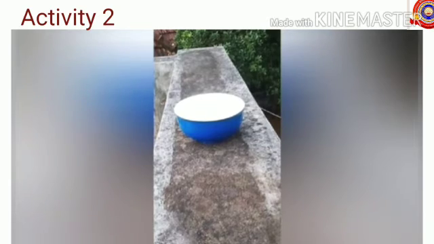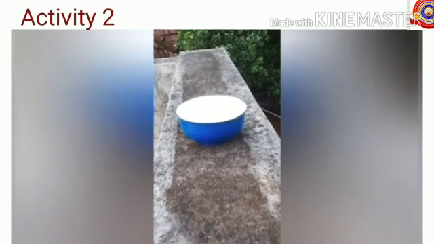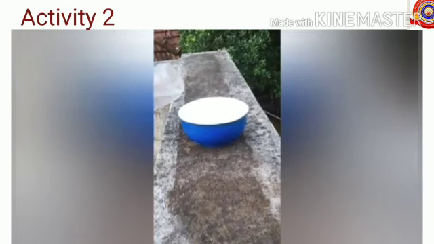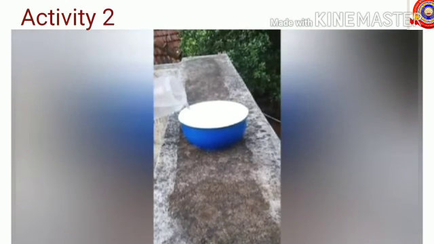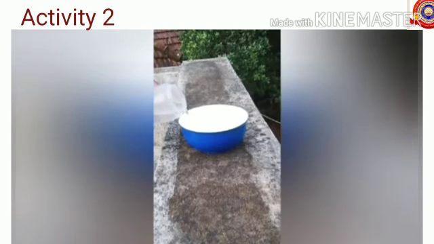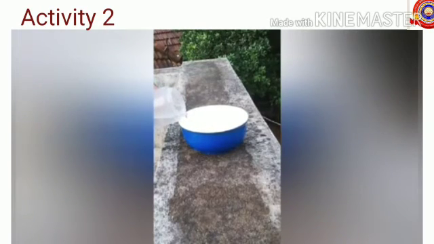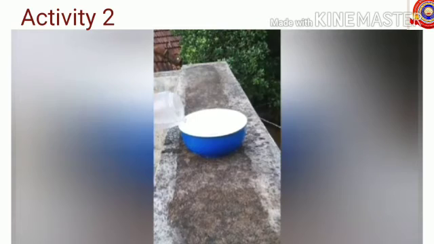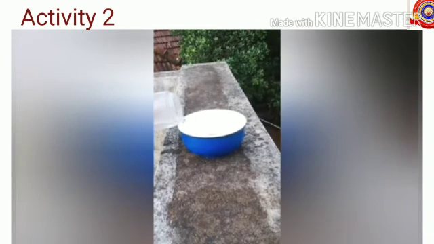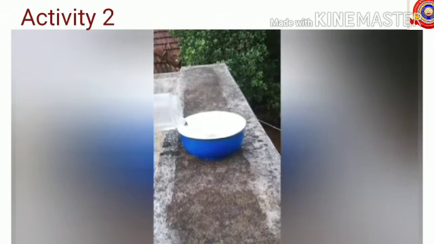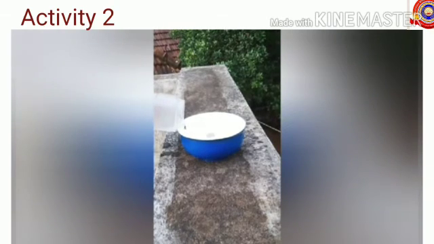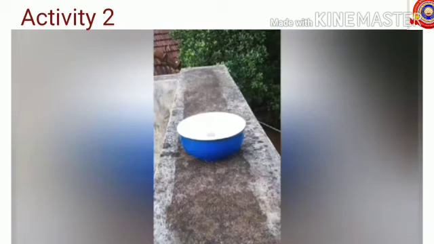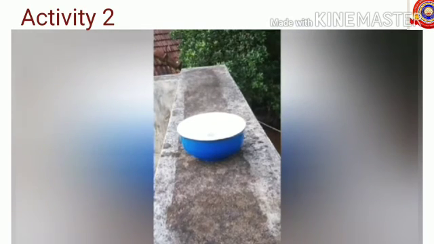Now ask someone to add some water slowly into the bowl without causing any disturbance to the coin. Meanwhile, keep looking from the current position. Are you able to see the coin again? How is it possible? It happens due to the refraction of light.